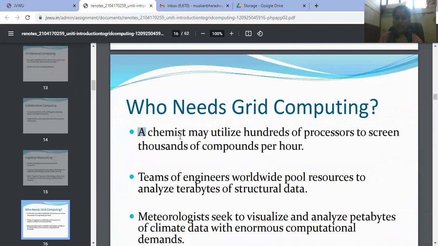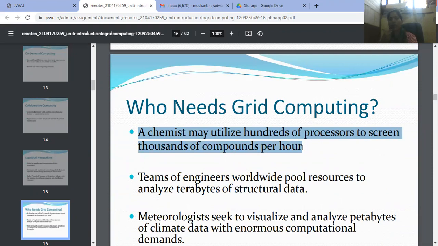Who needs quick computing? A chemist may utilize hundreds of processors to screen thousands of compounds per hour.